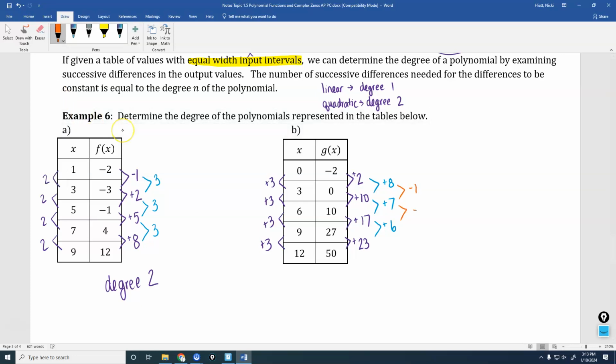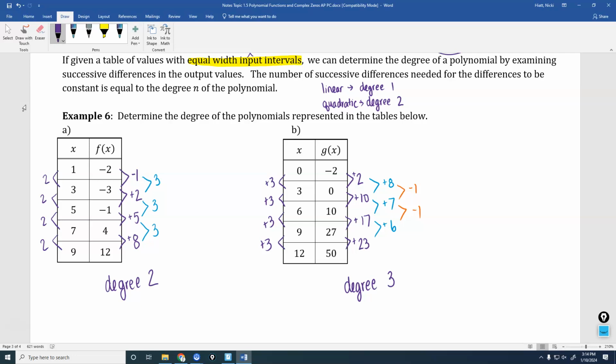From 7 to 6 is down 1. And now we have a constant rate of change. So on this particular graph or table, we would say that the degree would be 3.